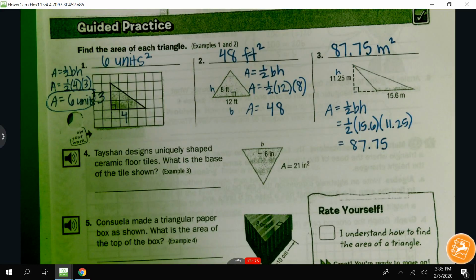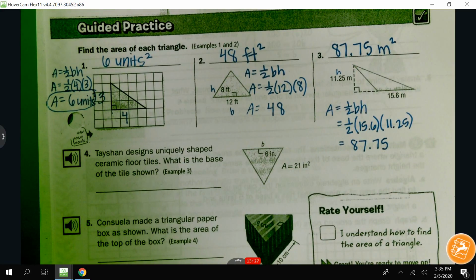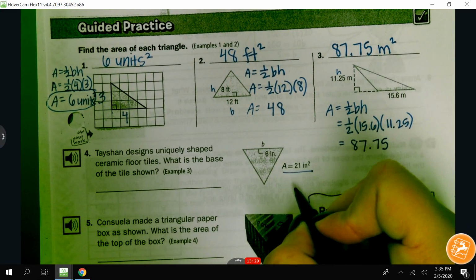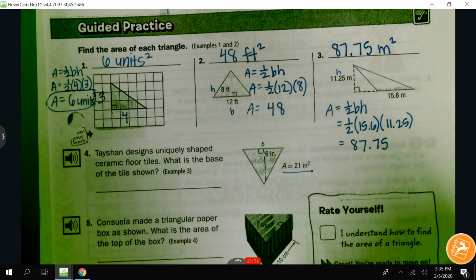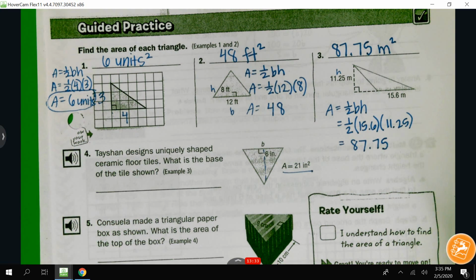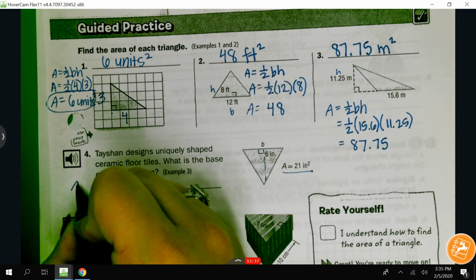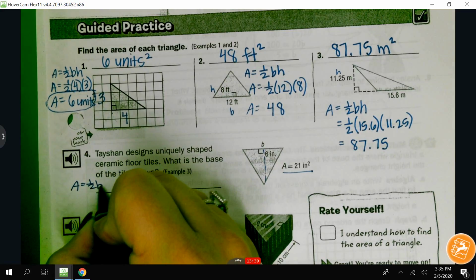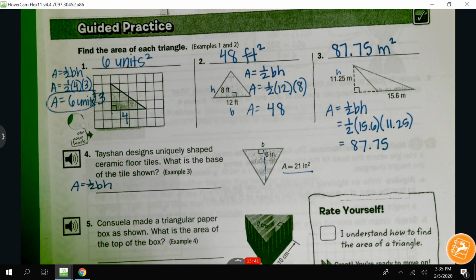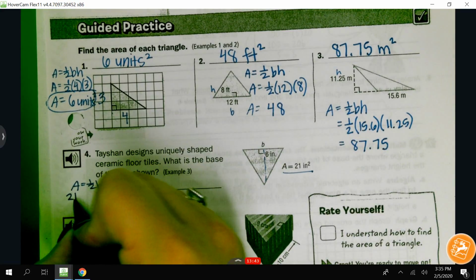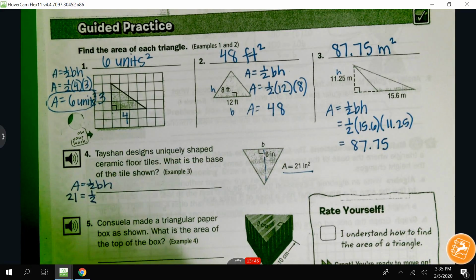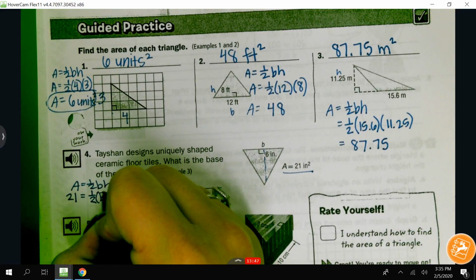All right, number 4, you're finding the base. So you're given the area, you're given the height, which is 6. So you have to solve for B. So you're still using A equals 1/2 base times height, but you know the area is 21, so you're plugging in 21 for A. Your B is what you're trying to solve for.